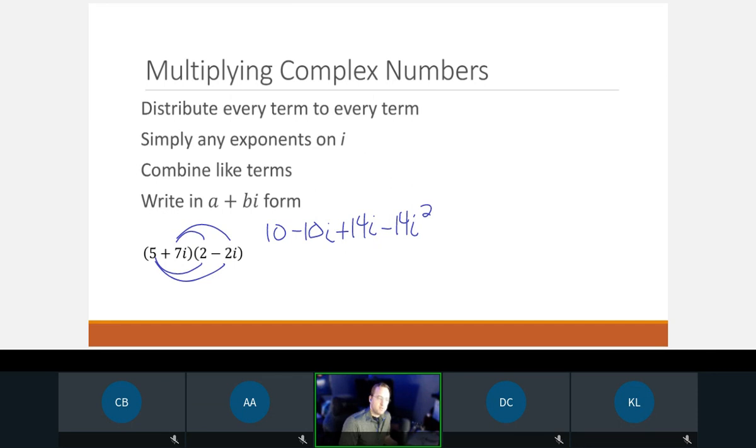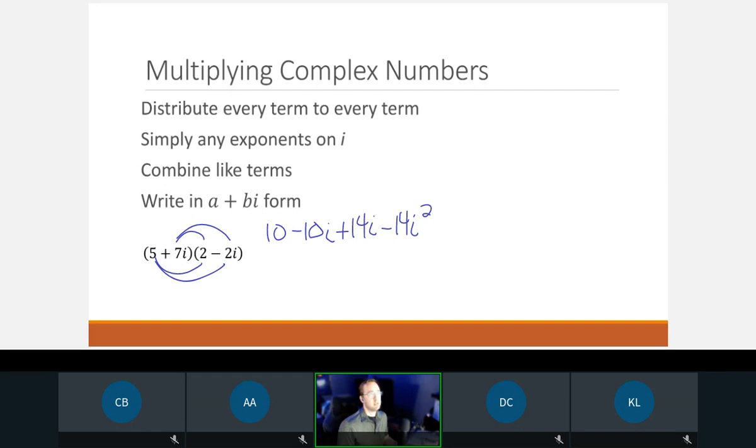What is i squared equal to again? Thank you, -1. See, we've already forgotten. i squared is equal to -1.